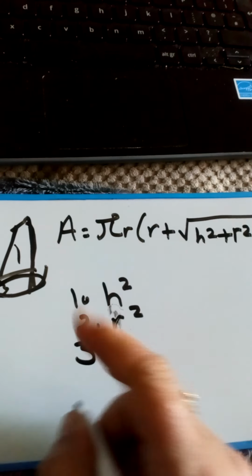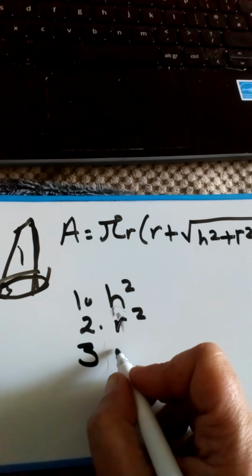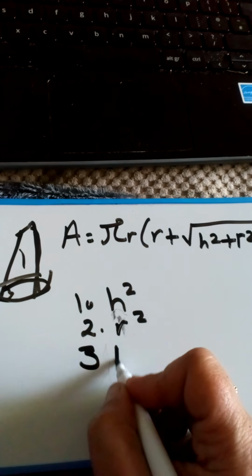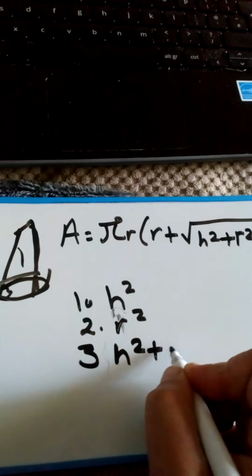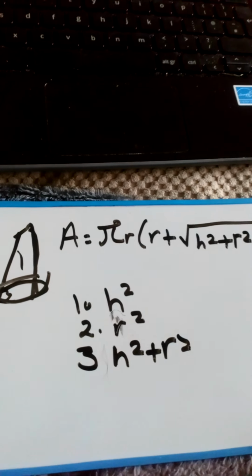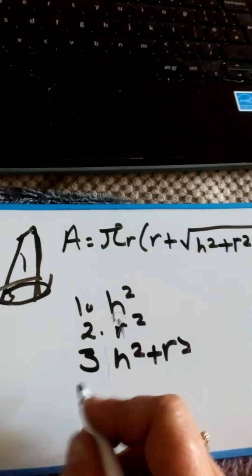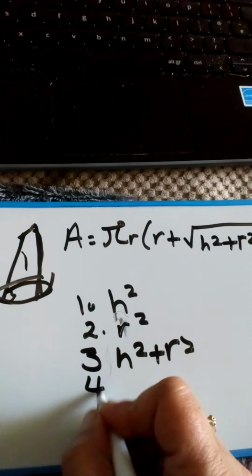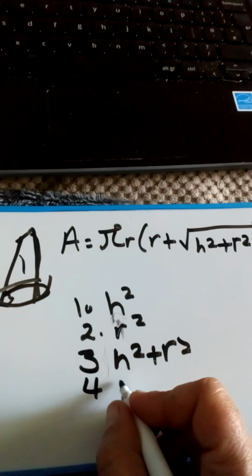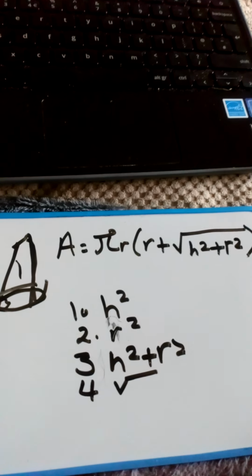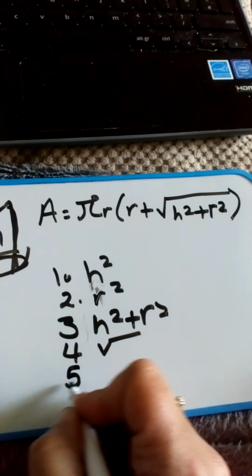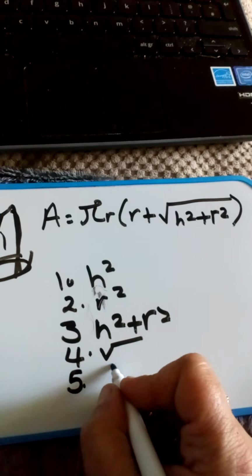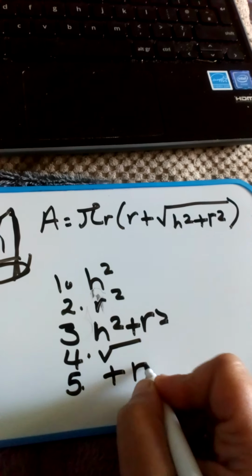Step 3, add them together. The next thing you need to do on a calculator is find the square root. The next thing you would need to do is add the radius to that.